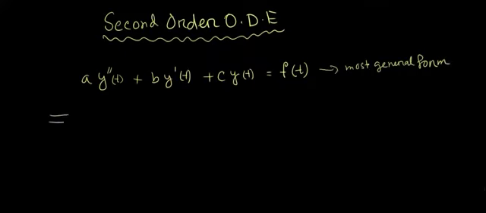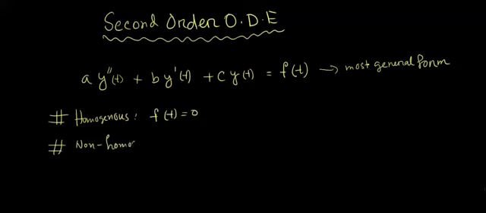Now, the equation can be called homogeneous if f of t equals 0, and it's non-homogeneous if f of t is not equal to 0.